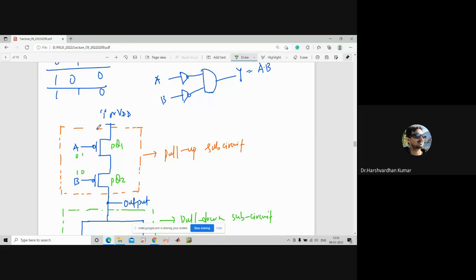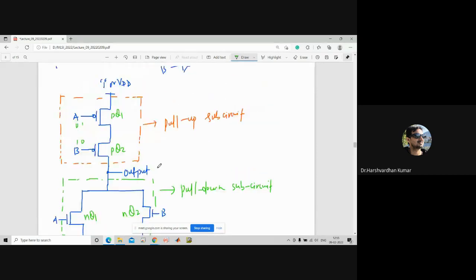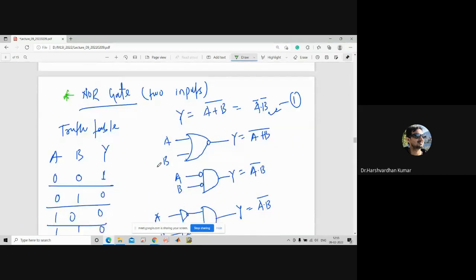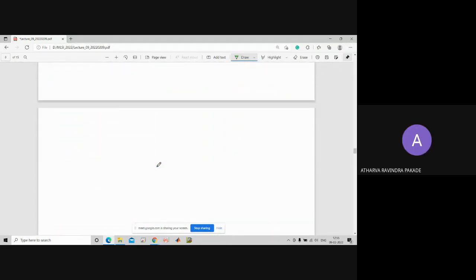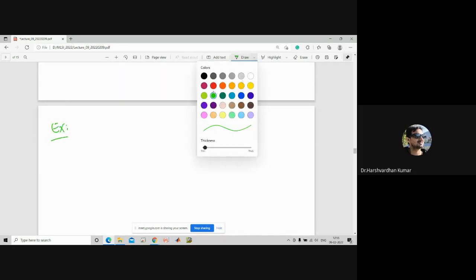If either of the inputs is at logic 1, then the output node assumes logic 0. Okay. Any difficulty in understanding the NOR gate using CMOS transistors? No, sir. Okay.